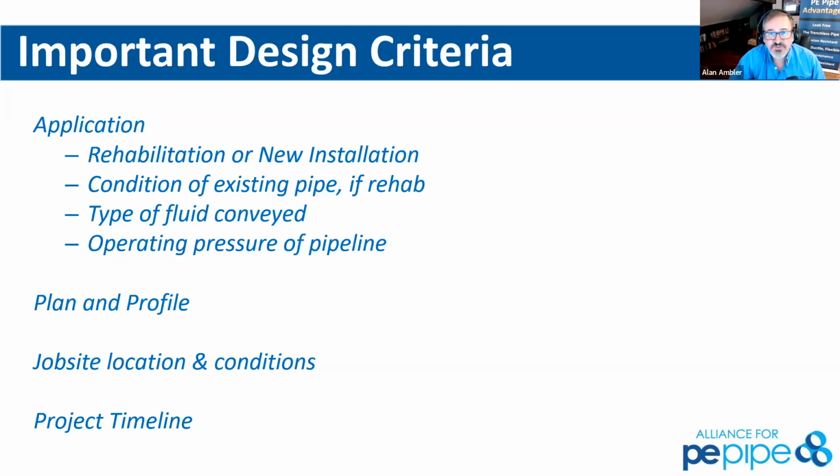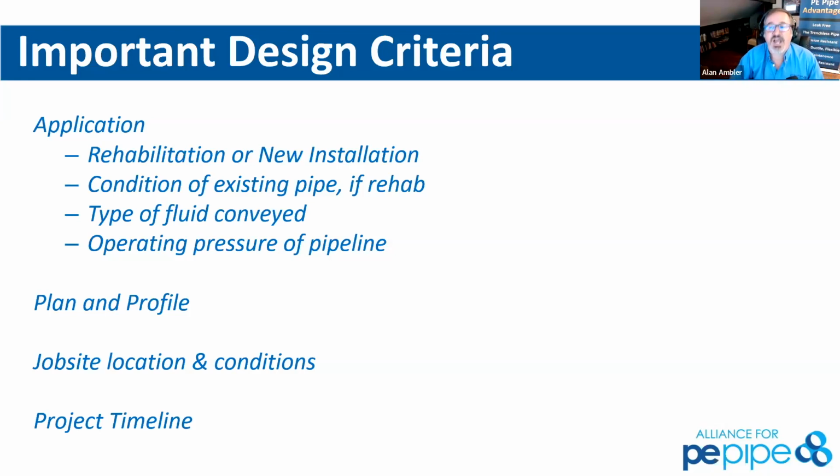Type of fluid conveyed. These are all data collection points that as pipeline engineers, operators, contractors, and consultants on the call here, you're going to ask these questions anyway. What's that operating pressure? Is that going to drive the selection of the DR, or maybe the pull forces that this pipe experiences during construction?